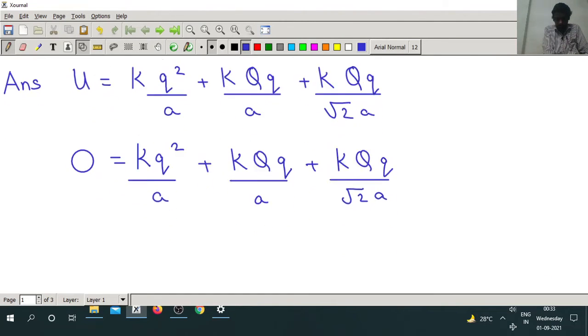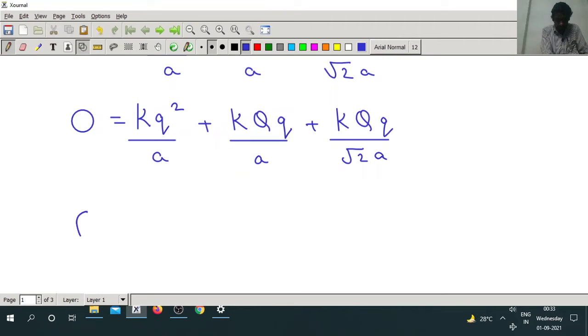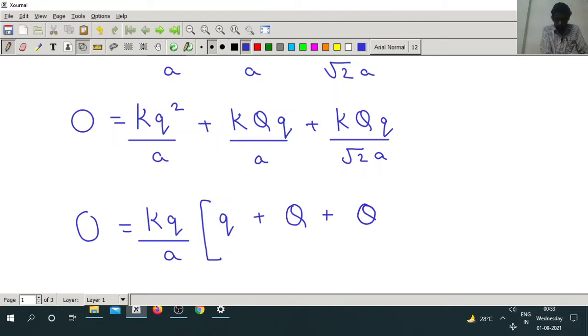Now at this stage we can keep 0 on the left and take out the common factor K q by a. Inside the bracket there will be q plus capital Q plus capital Q over under root 2.